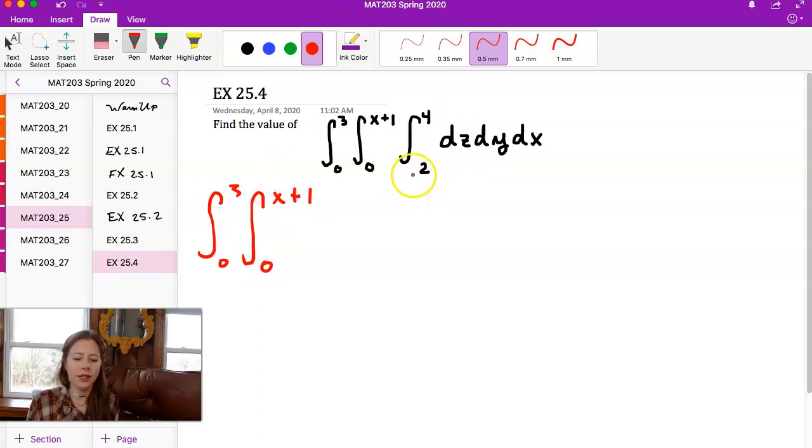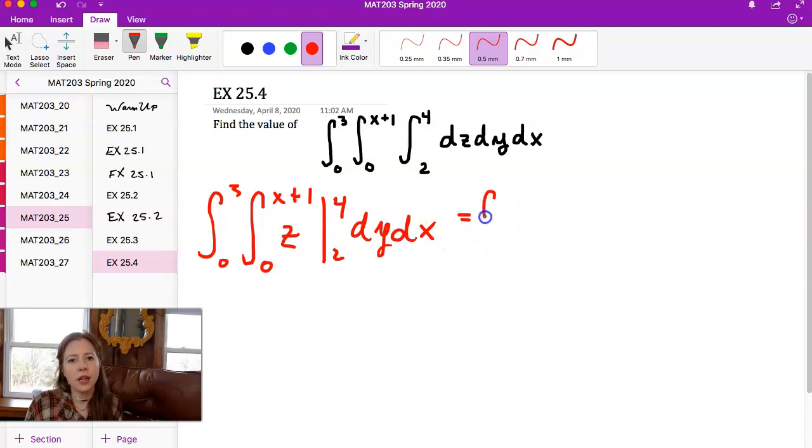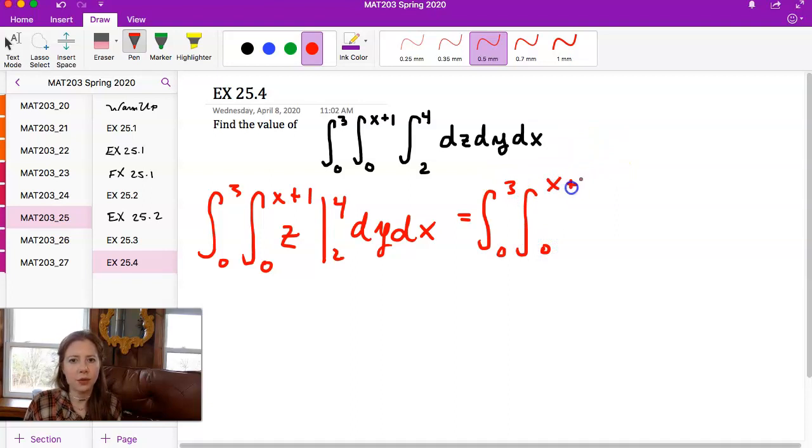And integrate dz, and you get z from 2 to 4. We still have our dy dx. So this is going to be the integral from 0 to 3 and from 0 to x plus 1. And so we end up with 4 minus 2, which is just 2 dy dx.